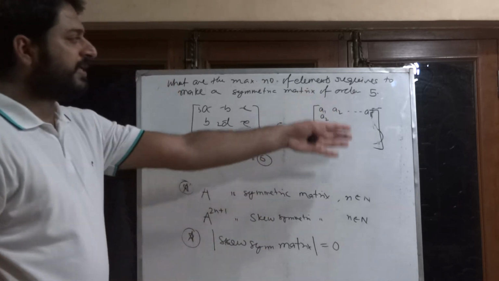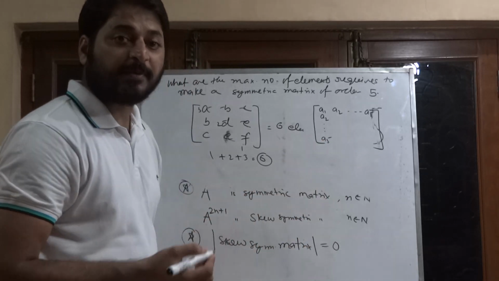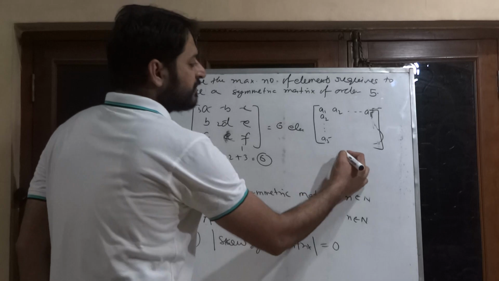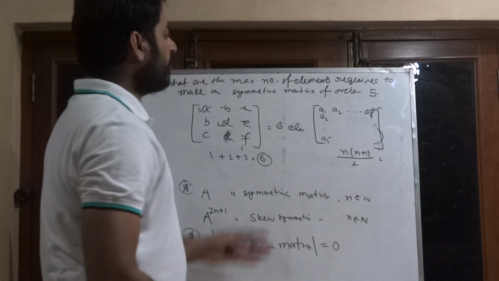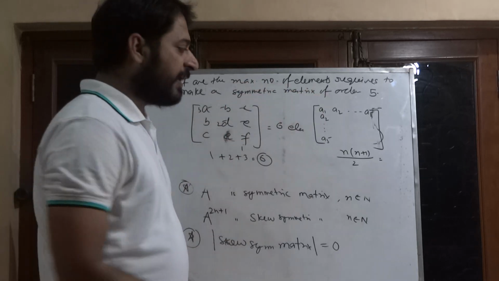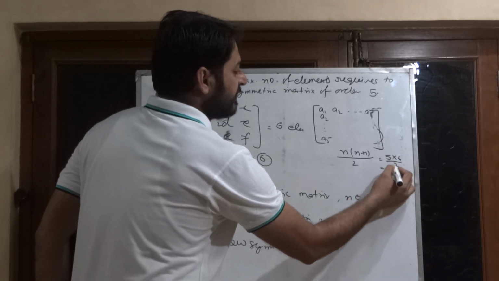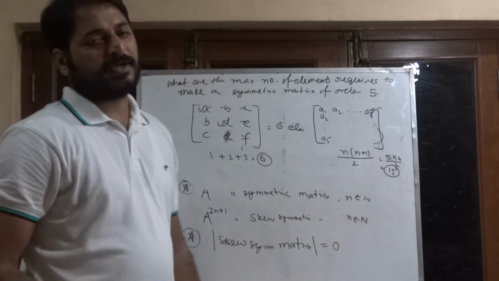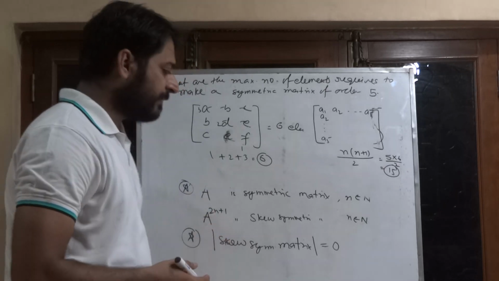This means if the order is 5, it is 1 plus 2 plus 3 plus 4 plus 5, the sum of the first n natural numbers, which is exactly n into n plus 1 by 2. So the maximum number of elements required to make a symmetric matrix of order 5 will be 5 into 6 divided by 2, that is 15. This type of sum they may ask in your competitive exam. It's a very easy one.